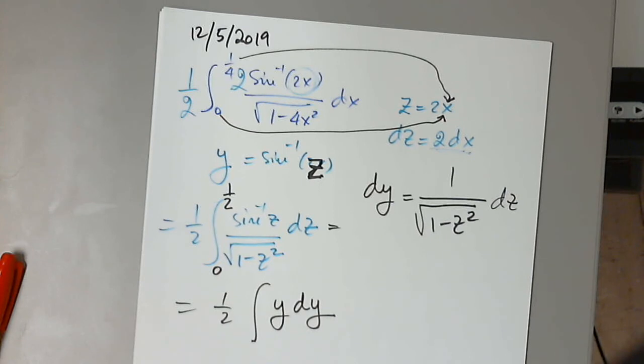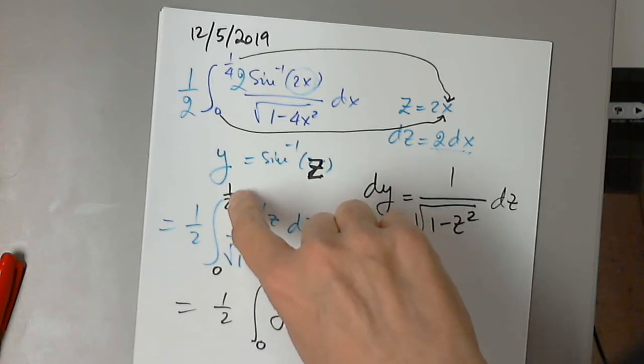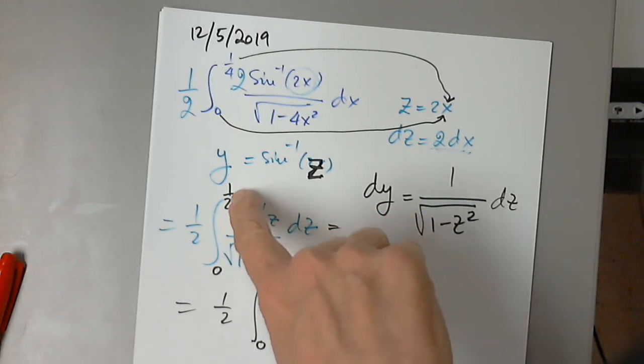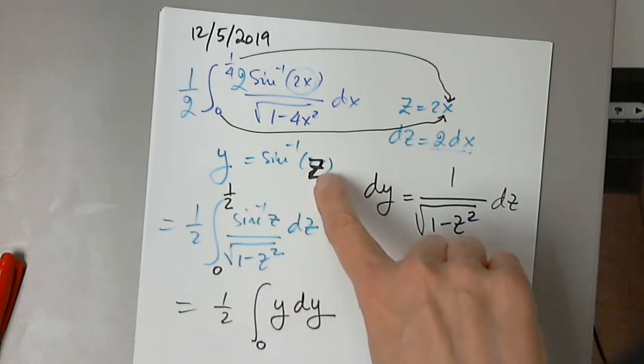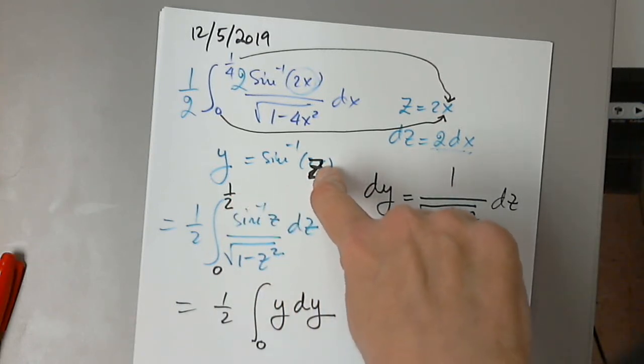when z is 0, sine of which angle is 0? Good. That's okay. And now, when you're way ahead of me, like always. So now when z is 1/2, what angle has sine 1/2?